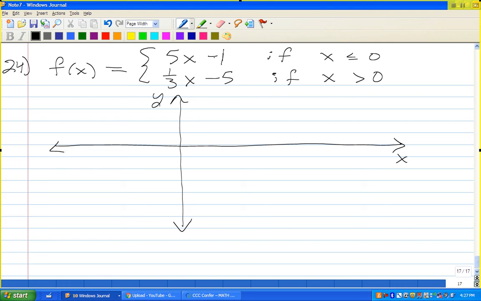So y equaling 5x minus 1 has a y-intercept of negative 1 and a slope of 5, so you go over 1, up 5, and it's only defined for x less than or equal to 0. So it should look something like this.